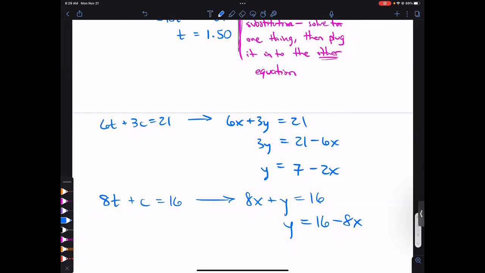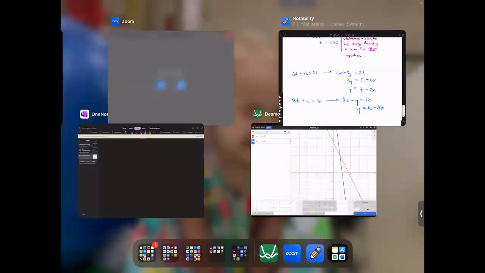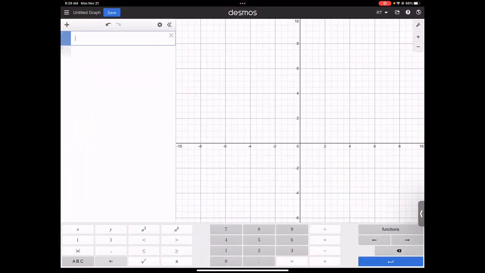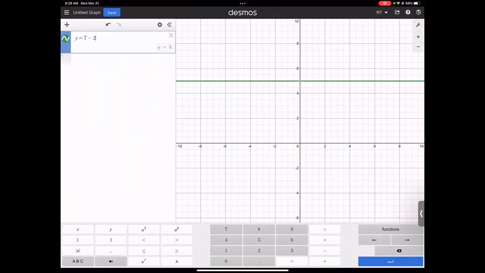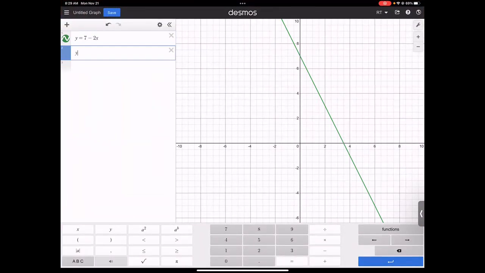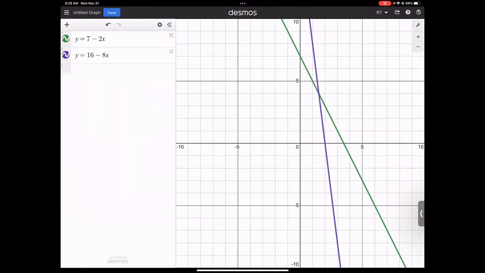So now if I graph those two things, y equals 7 minus 2x and y equals 16 minus 8x. Individually, they're both lines, right? That's what makes these linear equations. What are we looking for to answer the question?